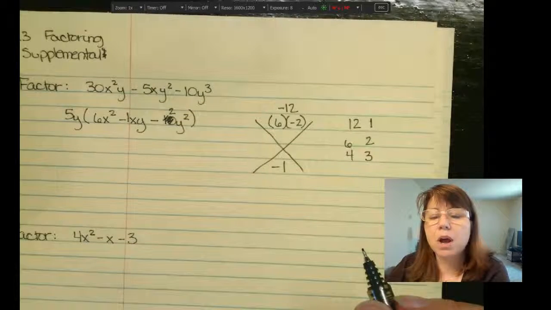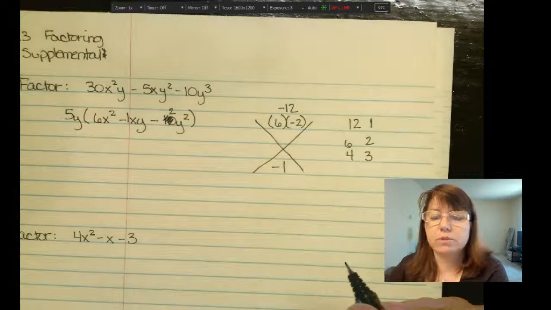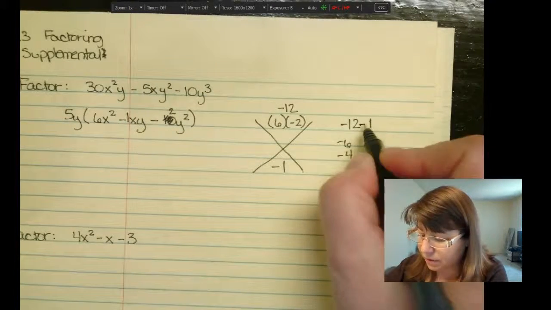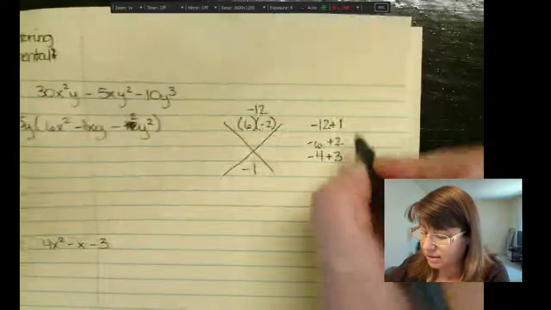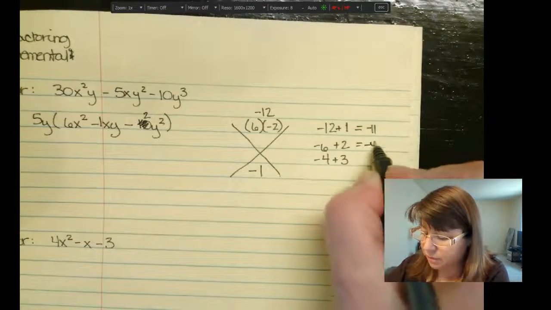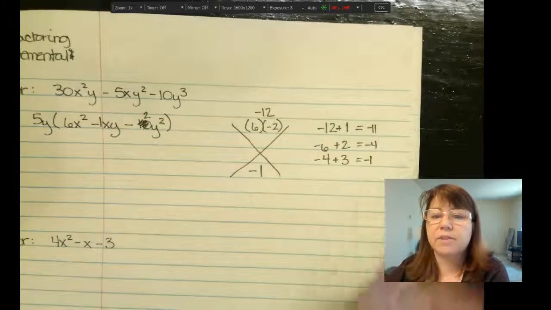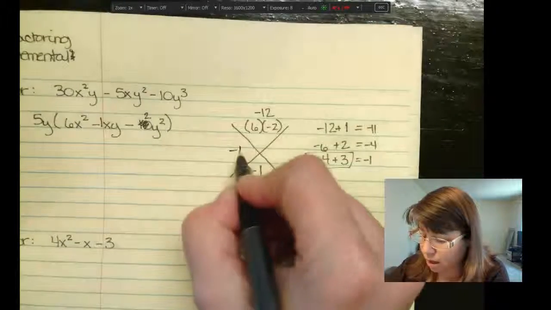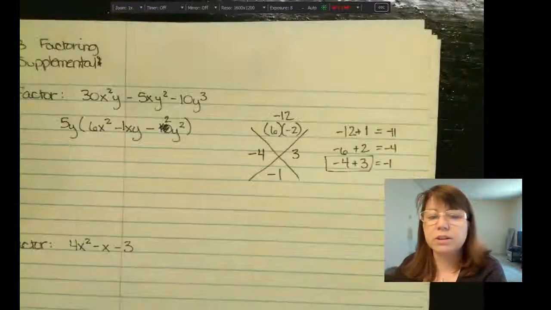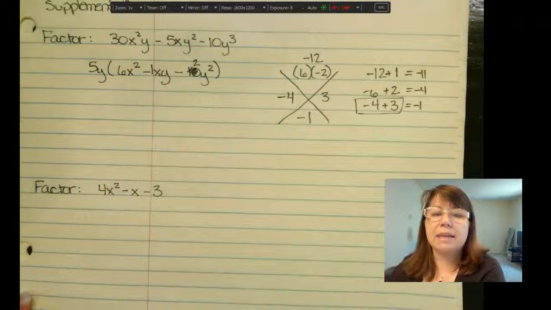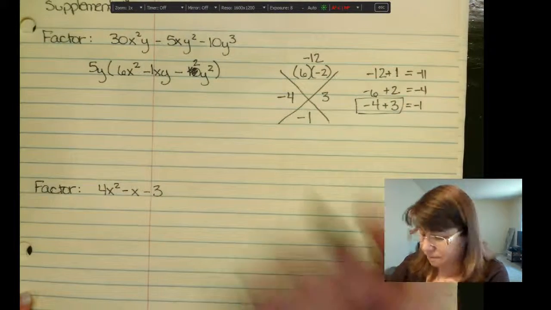So I need some combination of those three to end up adding to a negative 1. And remember, my larger number is negative. So if I add these together, it's going to be negative 11, negative 4, and negative 1. That's my combination. I'm going to rewrite the middle term as a negative 4xy and a positive 3xy.